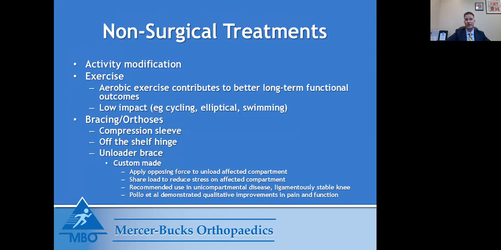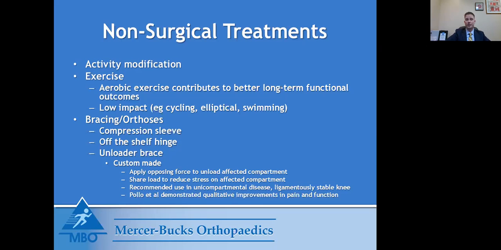And so it's good for cardiovascular health. Good adjunctive treatment for weight loss, but we want low impact. So exercise, bicycle or cycling, elliptical, which is similar to cross-country skiing type motions, and swimming. And swimming broadly encompasses exercises that are done in the pool.